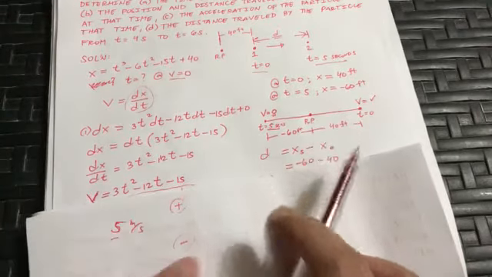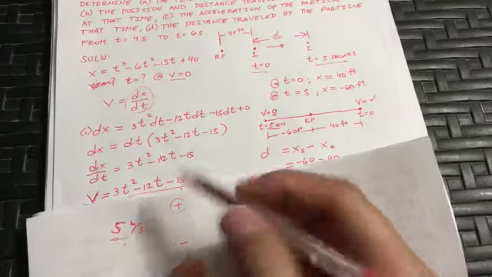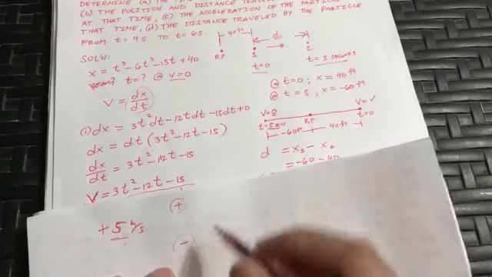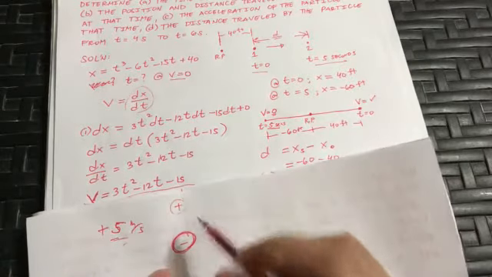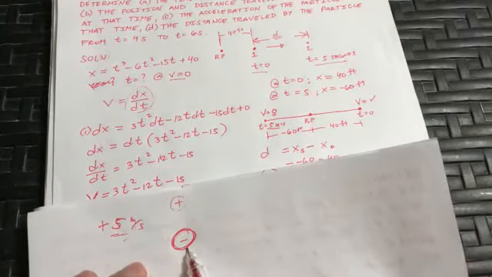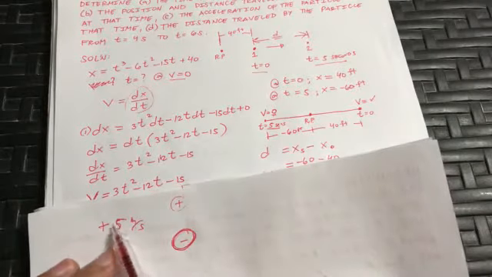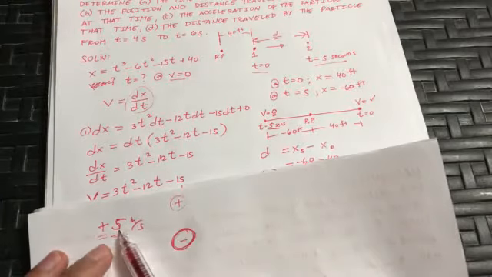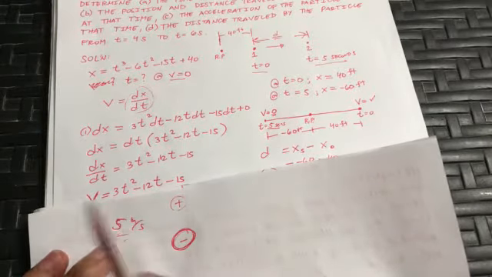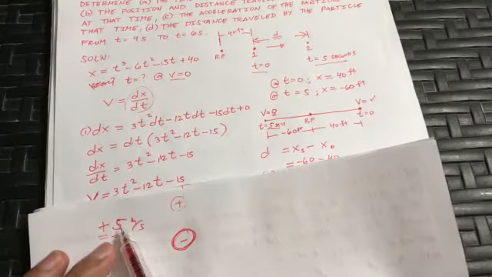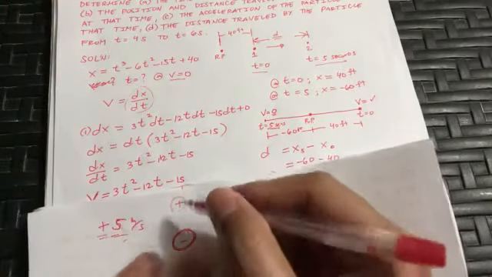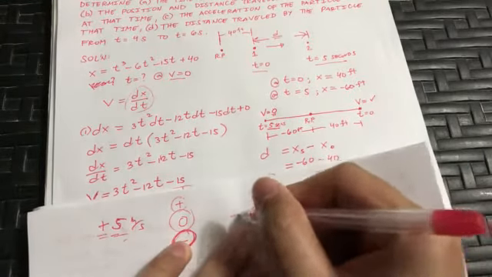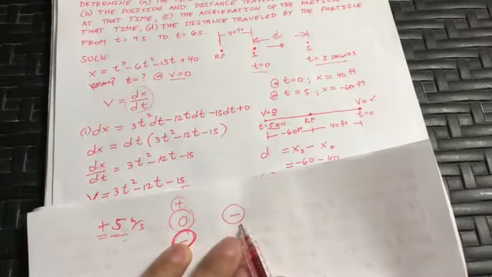Okay, so if this is positive 5 meters per second and we have a negative acceleration, this means it is still a positive 5 meters per second, moving in the positive direction. Before it can change towards the negative direction, it needs to slowly decrease in value until it reaches 0 before it can start with a negative velocity.